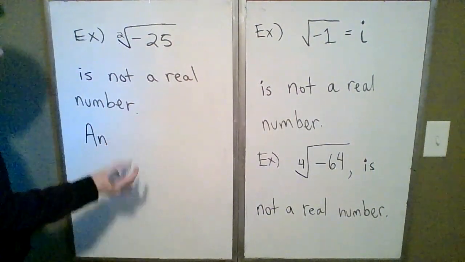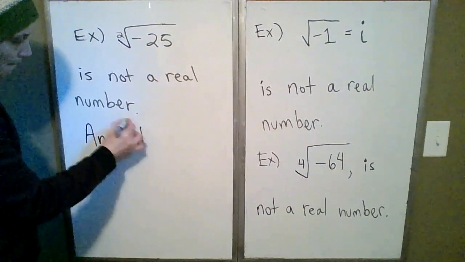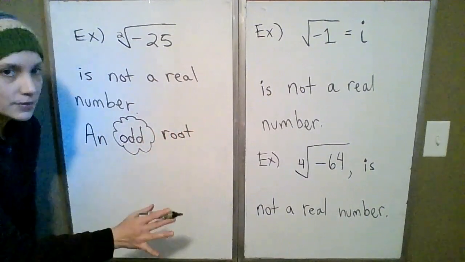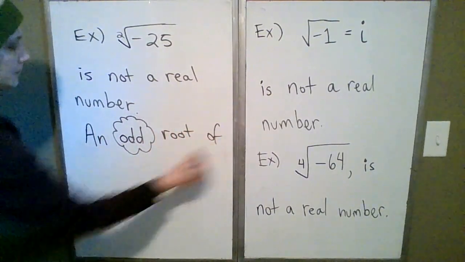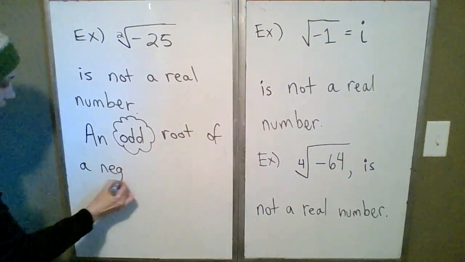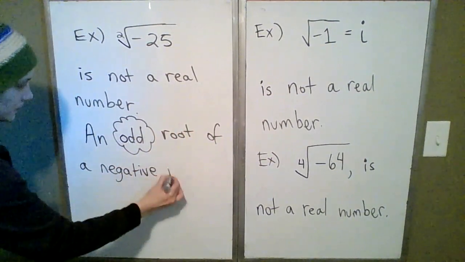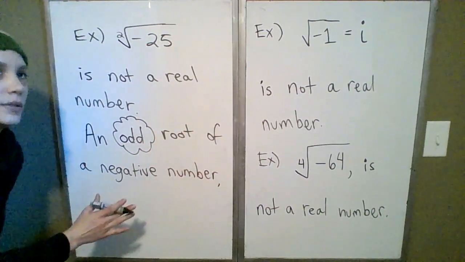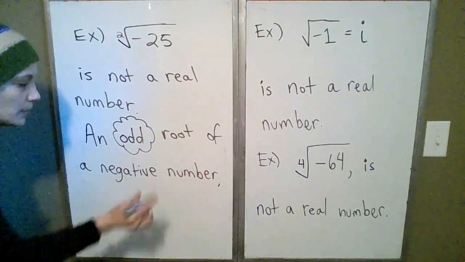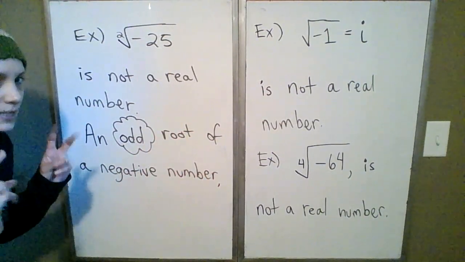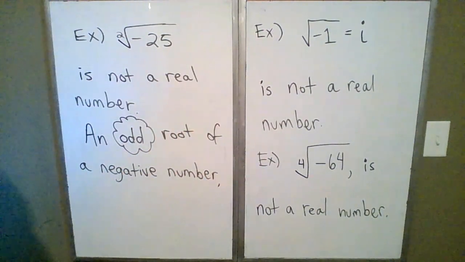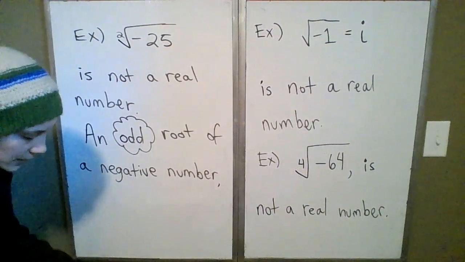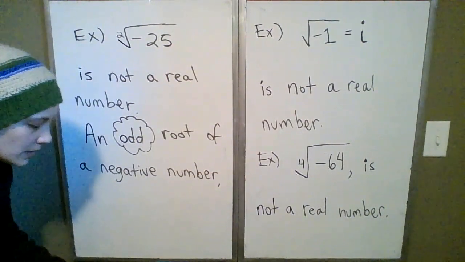So if we have an odd root of a negative number, we'll do some examples to show how this happens, but basically what happens is you can take the negative out from under the radical.